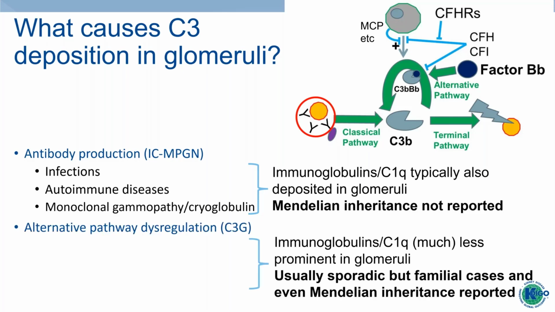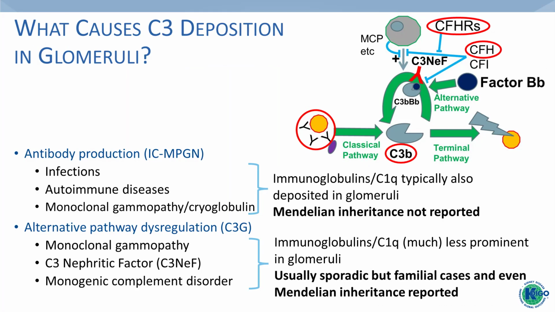C3G, on the other hand, is defined really by alternative pathway dysregulation, where there's much less prominent immunoglobulins and C1q deposited in the glomeruli. It usually occurs as a sporadic trait, but familial cases and even Mendelian inheritance have been reported. It can be found in association with an underlying monoclonal gammopathy, particularly in adults, especially older adults.